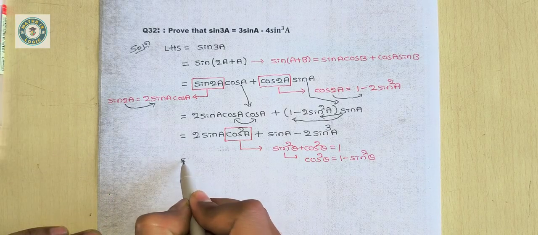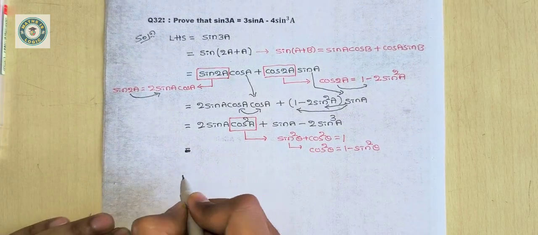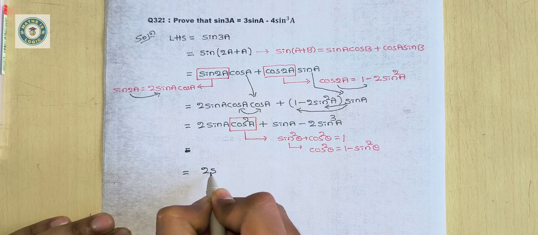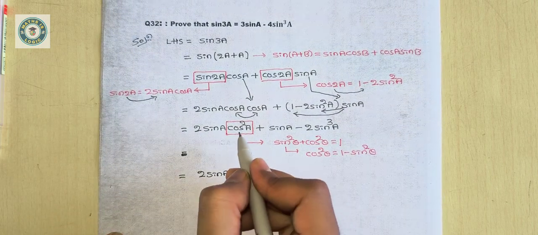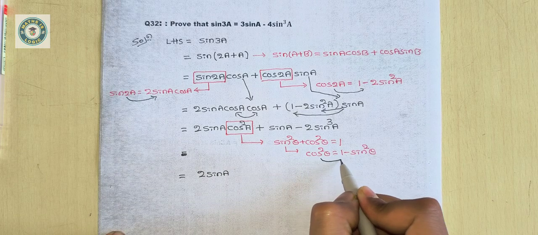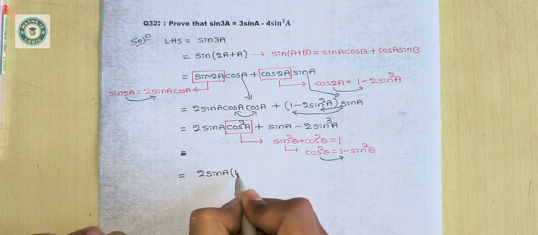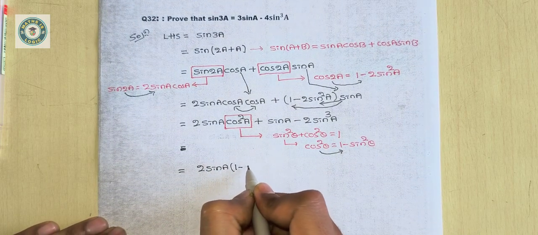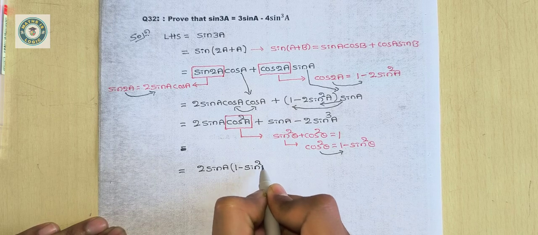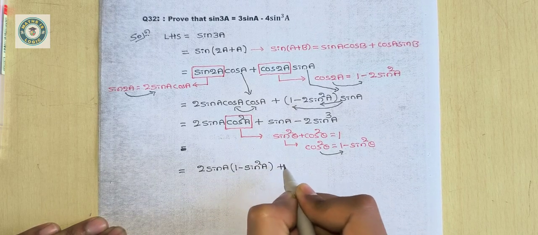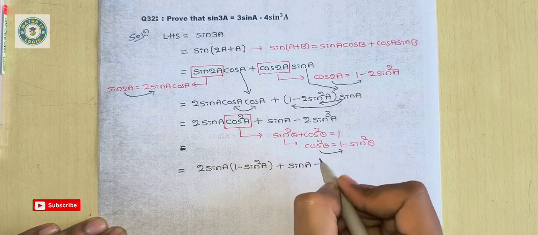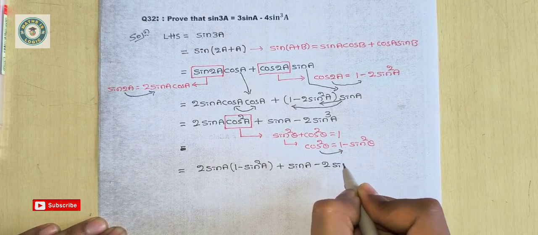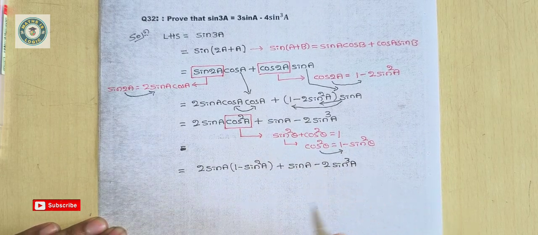So at that time it is 2 sin A, keep it as it is, cos square A. Cos square A is nothing but 1 minus sine square A, plus this sin A as it is, minus this 2 sine cube A also, keep it as it is.